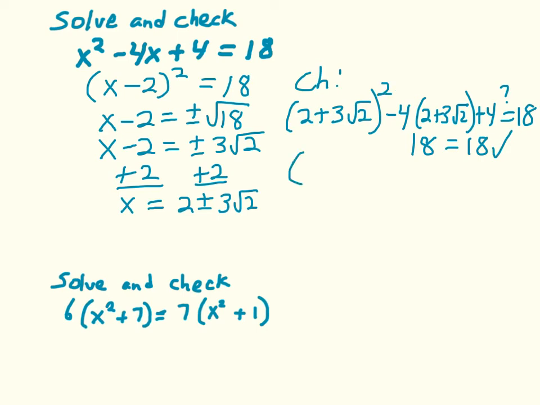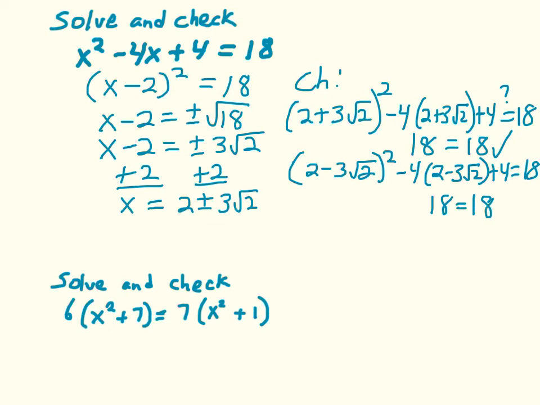And then I'm going to do it with the negative version: 2 minus 3 root 2 squared, minus 4 times 2 minus 3 root 2, plus 4. Does that all equal 18? And I think when you plug that in, you'll see that it does. And those are your two solutions, okay?